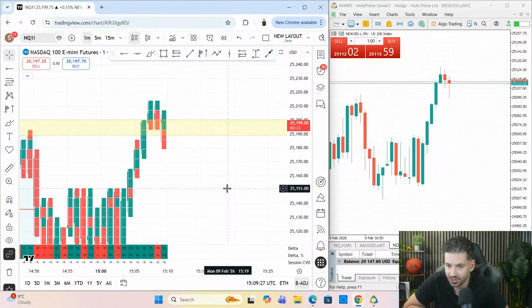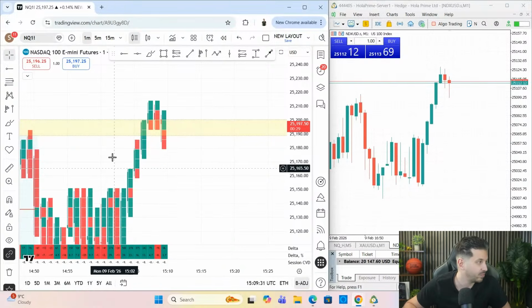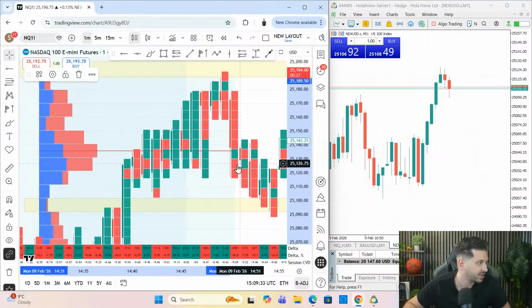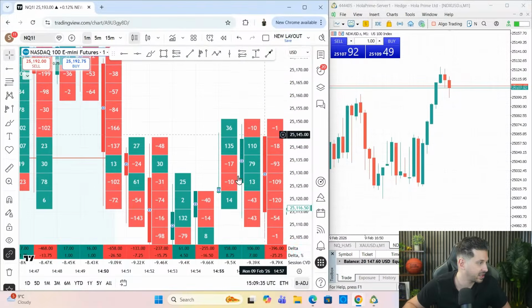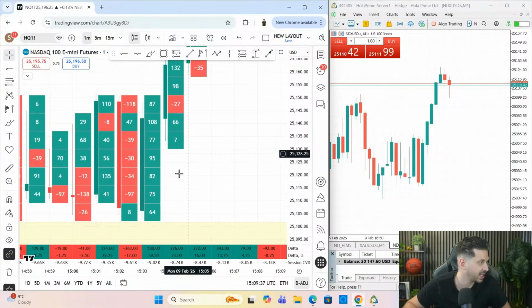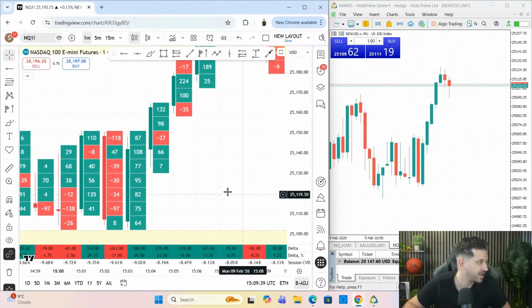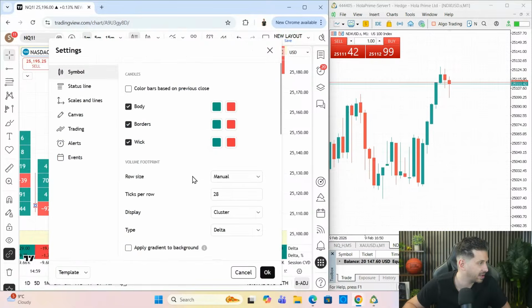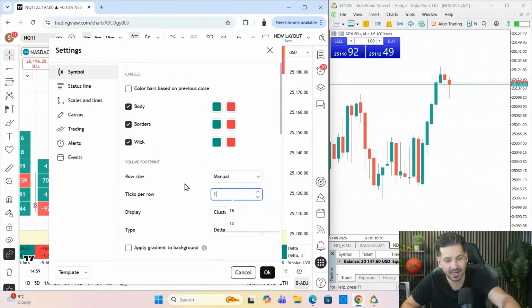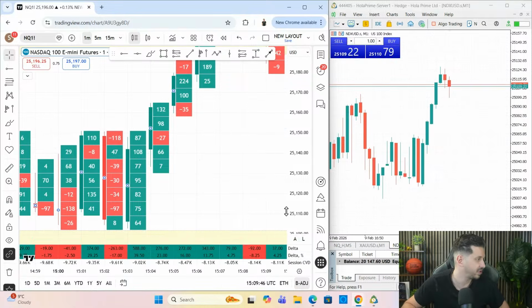Sam, what criteria you decide to change the ticks per row for cluster? That is more just visual. So I like to see the clusters visually. If I put the ticks per row to, right now, 16, you'll see what I mean.